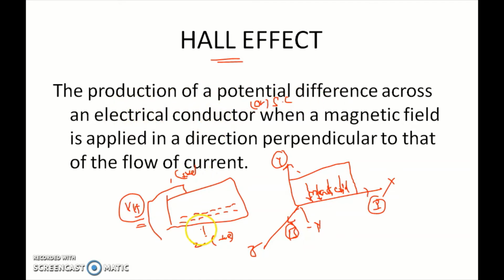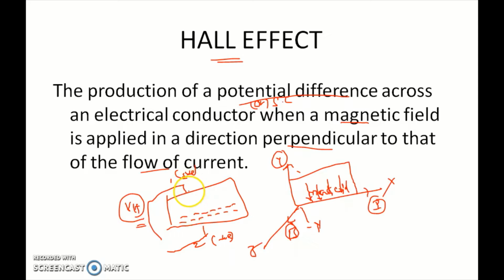The potential difference between surface 1 and surface 2 happens when a magnetic field is applied in a direction perpendicular to the flow of current. If the current flows in the x-axis and the magnetic field is applied in the z-axis, all the electrons in this material start pushing towards the bottom surface. Now the bottom surface has a huge number of electrons, so it becomes negative and the top becomes positive.